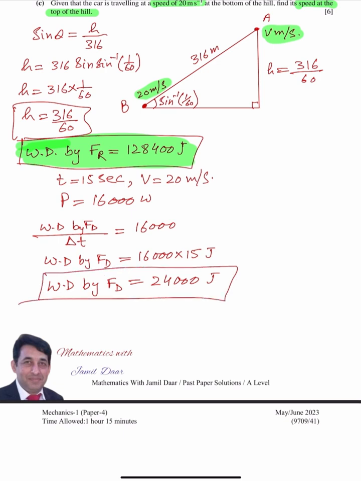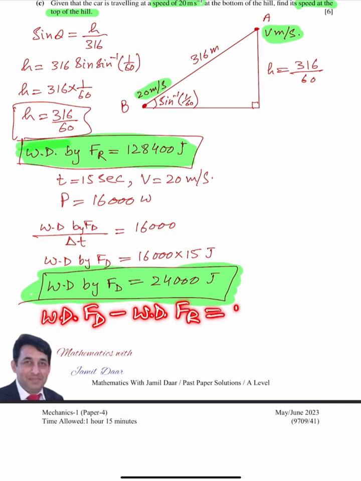So we'll use the work energy formula, that is work done by driving force minus work done by resistance force is equal to change in kinetic energy plus change in potential energy.